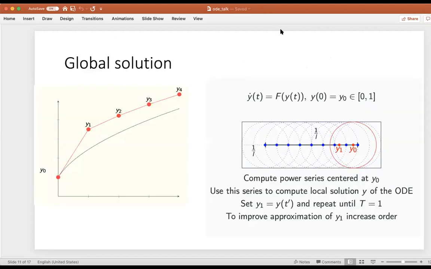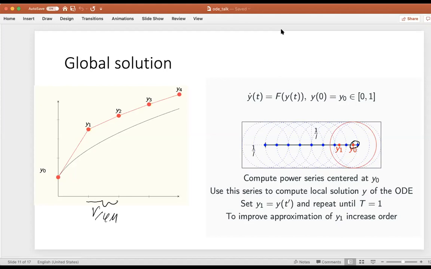So what I mean by this is, we start with the power series given at the initial value. We use the series to compute the local solution around this point, then make a small step of size r divided by 4m.